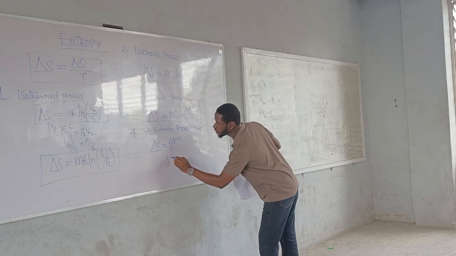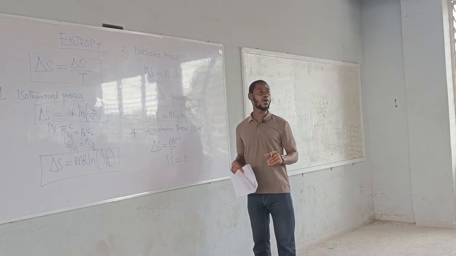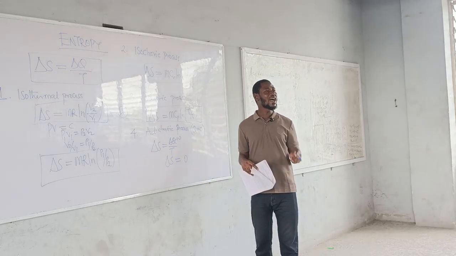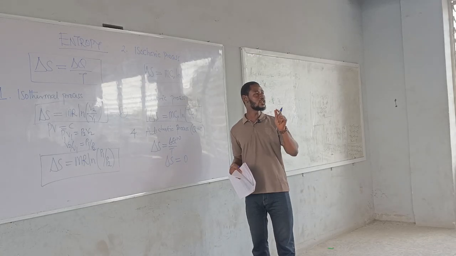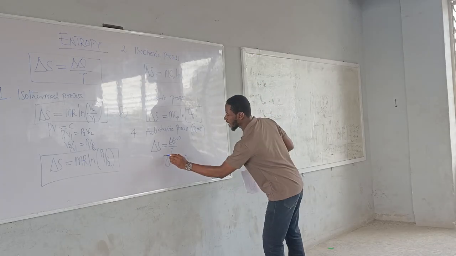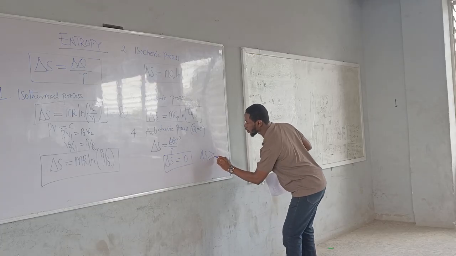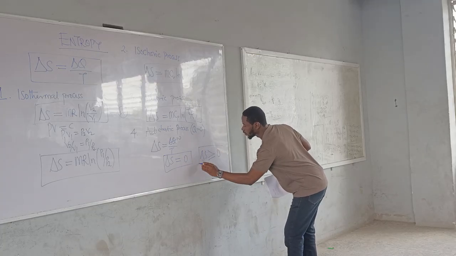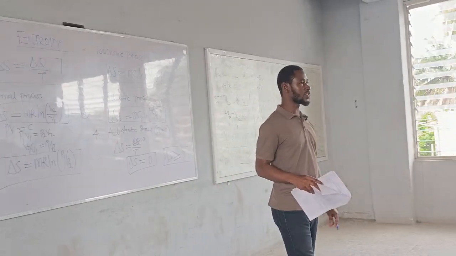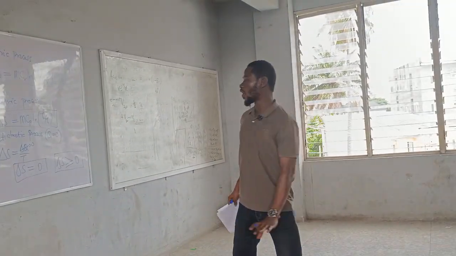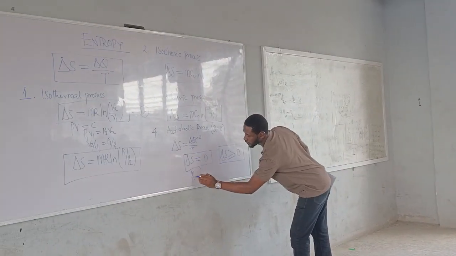So the entropy change in an adiabatic process is 0. However, in an irreversible adiabatic process, the entropy change is defined as change in S greater than or equal to 0. This is for the irreversible adiabatic process. And the first one is for the reversible adiabatic process.